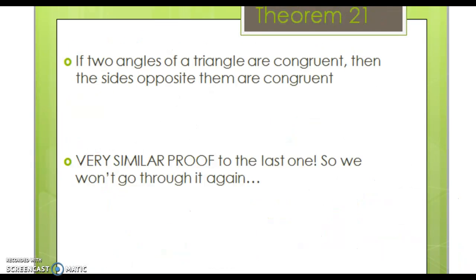And guess what? The converse is true. If two angles of a triangle are congruent, then the sides opposite them are also congruent. We're not going to go through a formal proof again because it's extremely similar to the one we just did, except you'd switch your given and your prove, so the order would be the opposite.